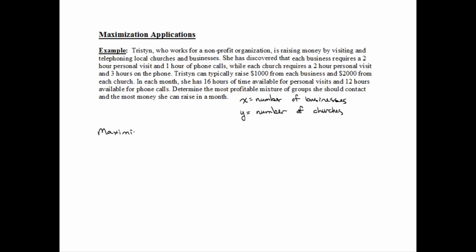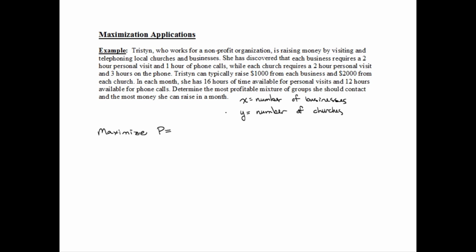First, we want to write what we are going to maximize. This is for a nonprofit, so perhaps profit is not the correct term, but we'll call it P, and we'll let it represent the amount of money being brought in through this fundraising effort. She will raise $1,000 from each business.